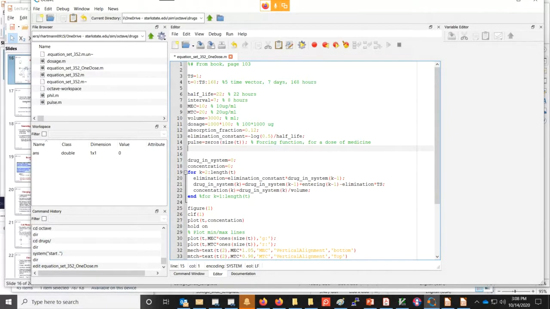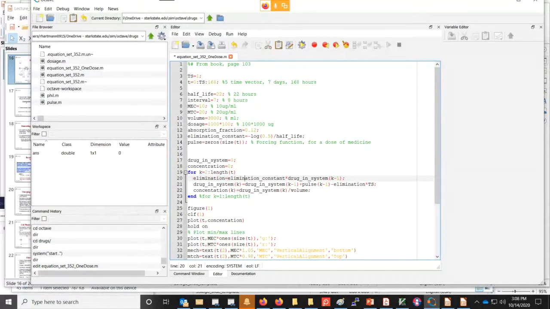Right now the pulse is all zeros. If I run this simulation now, this is my pulse here. I'm calculating the elimination.